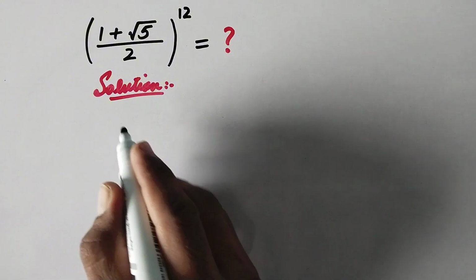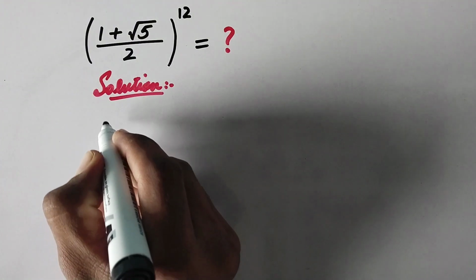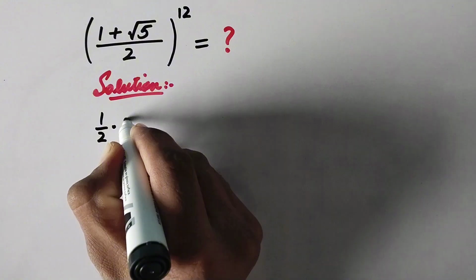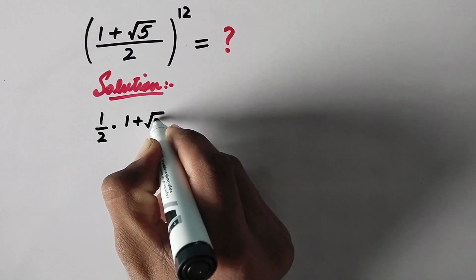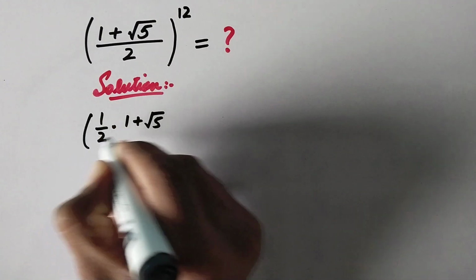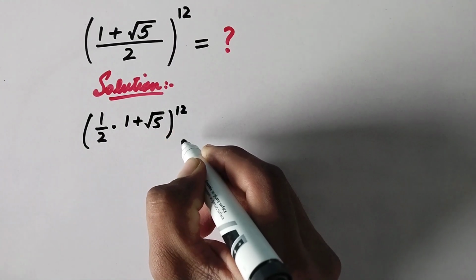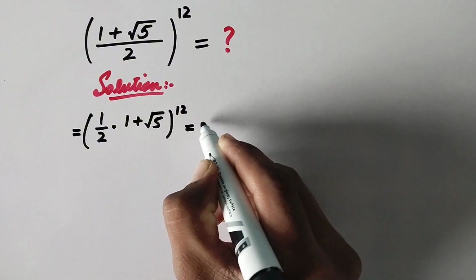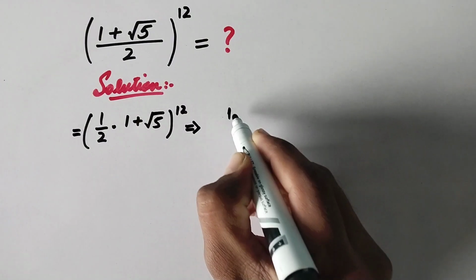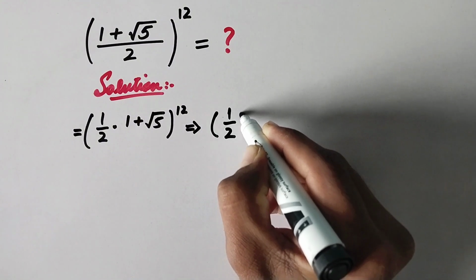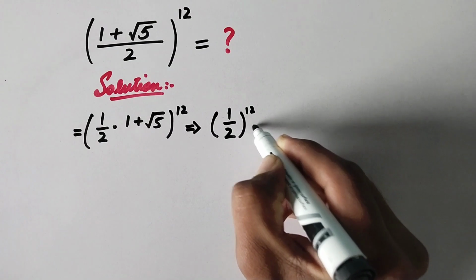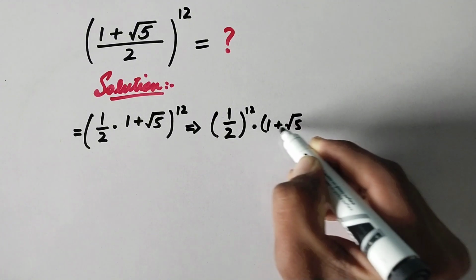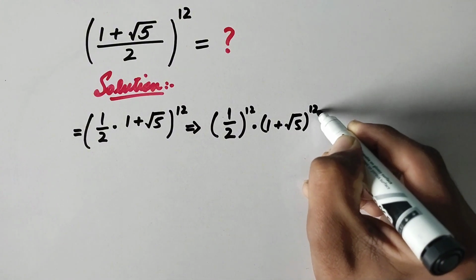So here in the first step we can split this term in this way: 1 over 2 times (1 plus square root of 5), whole raised to power 12, or it can be further separated in this way: 1 over 2 to power 12 times (1 plus square root of 5) whole raised to power 12.